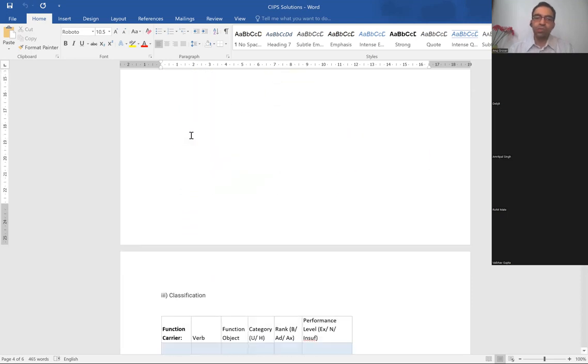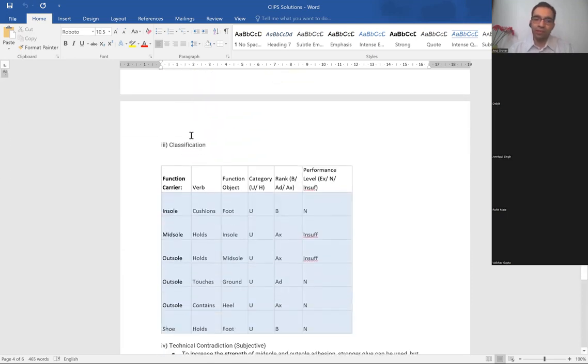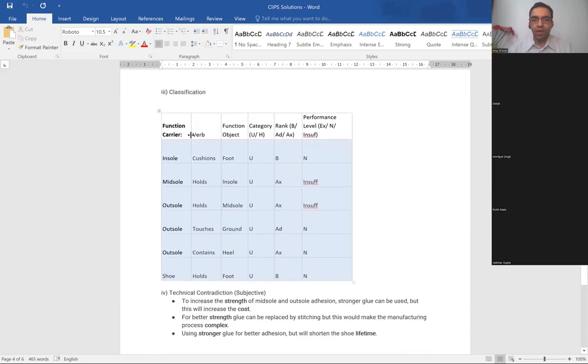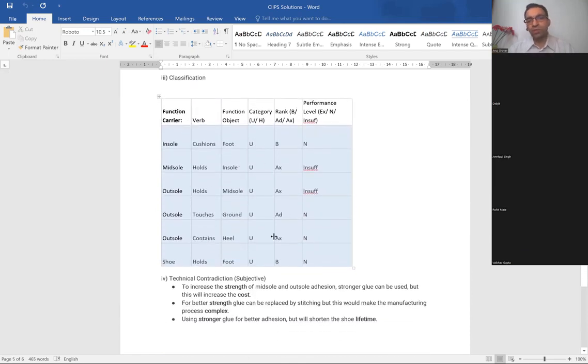Okay, so then classifying these functions. All the functions that we've defined in the above function diagram are useful functions. We'll further classify them, we'll further rank them. The target of this engineering system is the foot. The shoe holds the foot, for example.